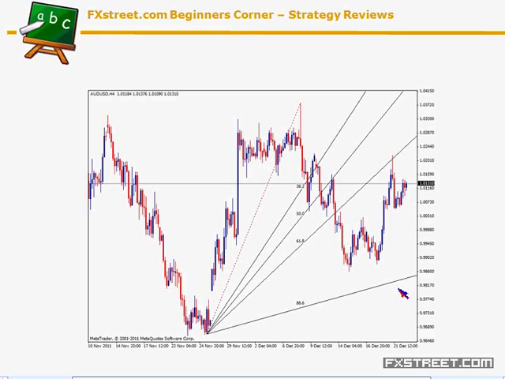According to Sunil, among these ratios the importance of this 88.6 is that it is the level from where price has a very high probability of retrace, meaning exactly the same as the 76.4 of the retrace.